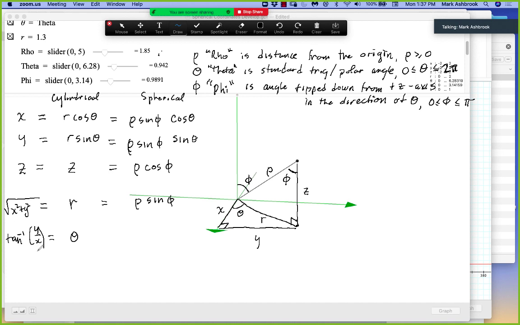Okay, and so what's left here? So how about rho? Theta is also theta in spherical coordinates. What about rho in spherical coordinates? If rho is in spherical, what is that in cylindrical coordinates? So we can get it in cylindrical coordinates by looking at this triangle. Rho, how does it relate to r and z?